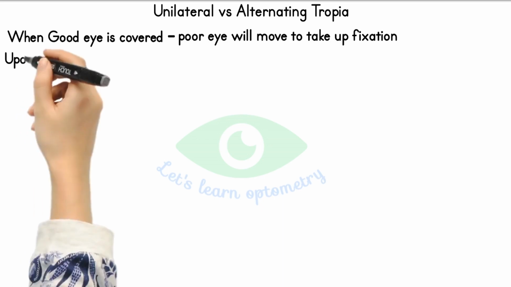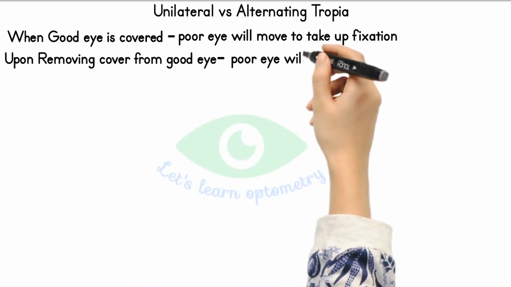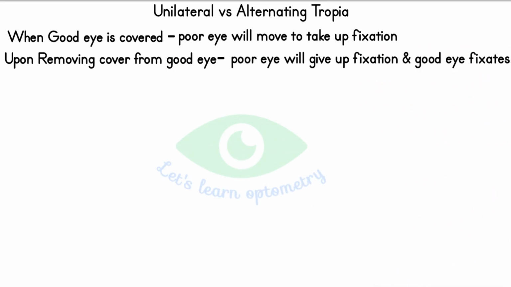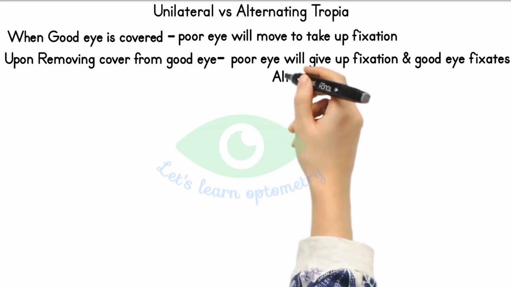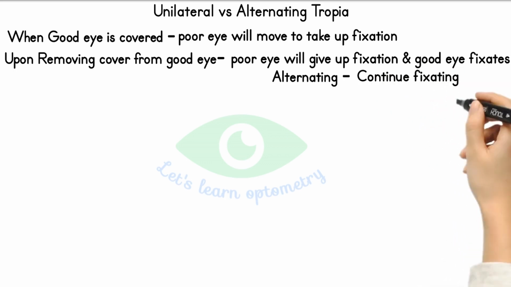In unilateral tropia, upon removing the cover from the good eye, the poor eye will give up fixation and move back to the previously deviated position, and the good eye fixates now. But in alternating tropia, the poor eye will continue fixating the target without turning to the deviated position. That is, both the good and the poor eye will have good ability to fixate the target.